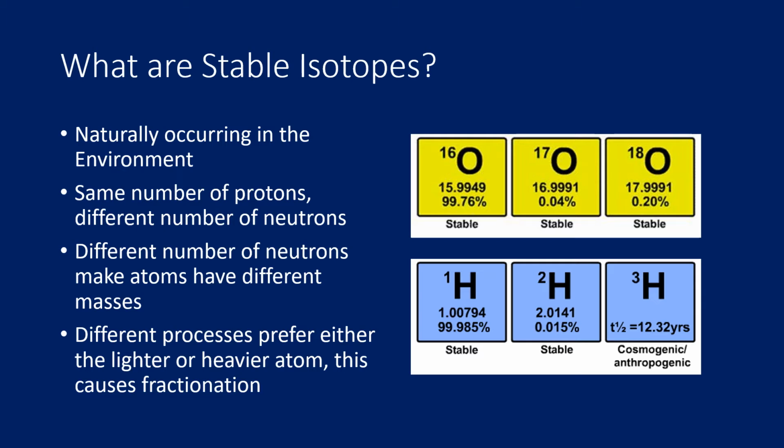And these masses make a difference in different processes in the environment, as some will prefer taking up the heavier isotope or the lighter isotope, depending on what is going on. So for example, lighter isotopes are preferentially evaporated from a body of water, and the heavier isotopes will stay back at a different fraction.